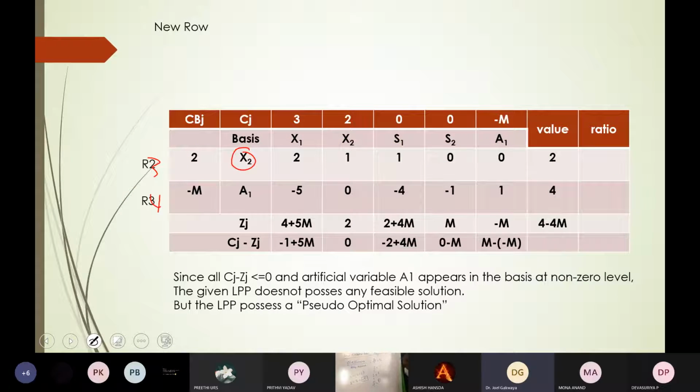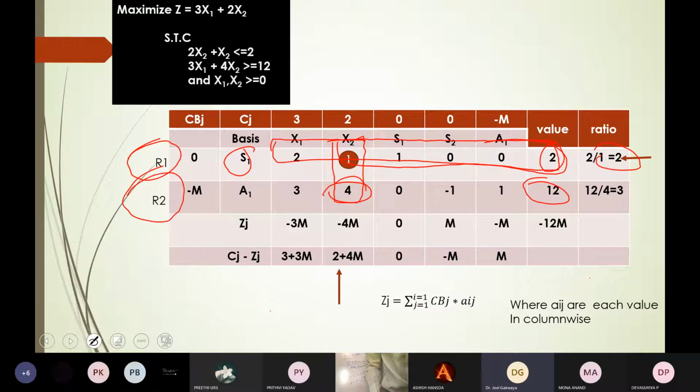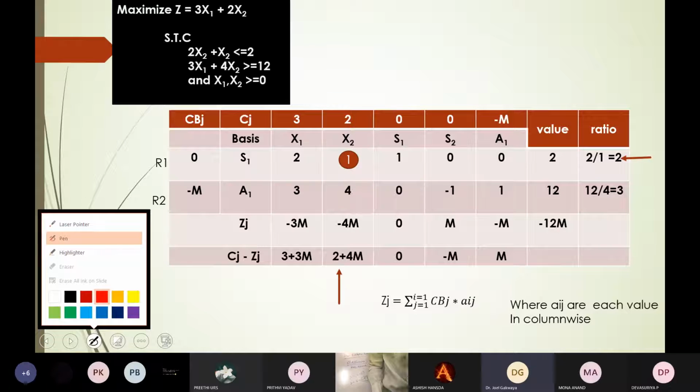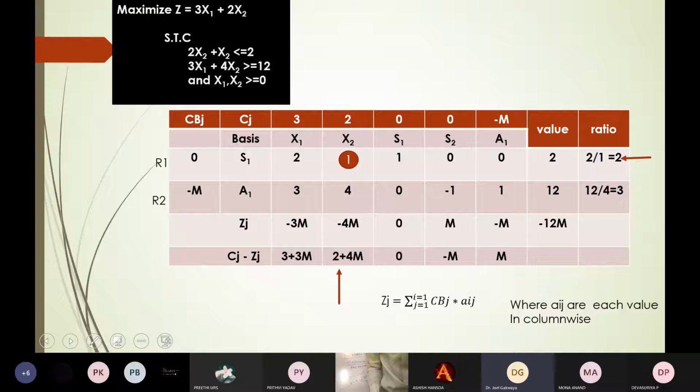Same, so you apply the same, as you can see here. Look at the value for x2. The old value was 3, and we selected this as the key column.